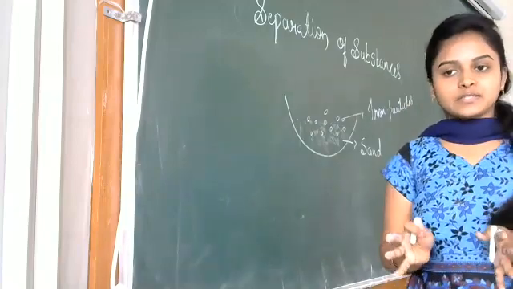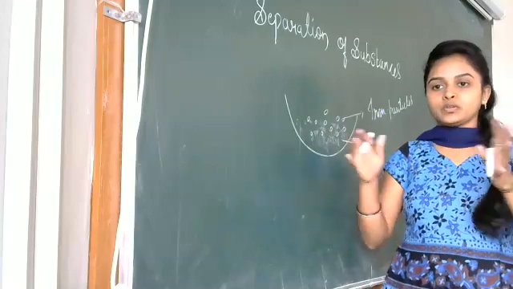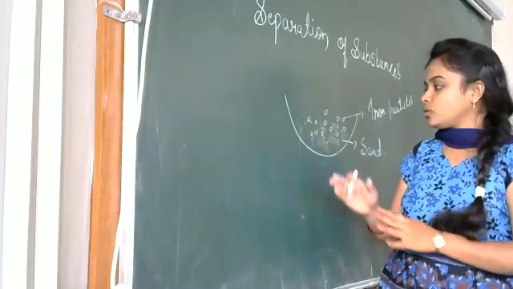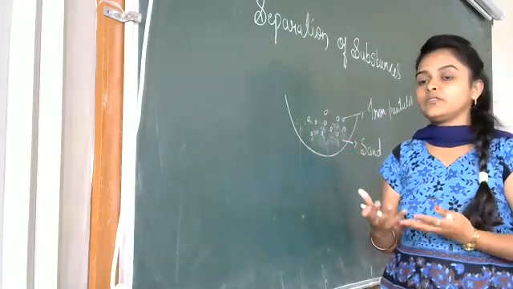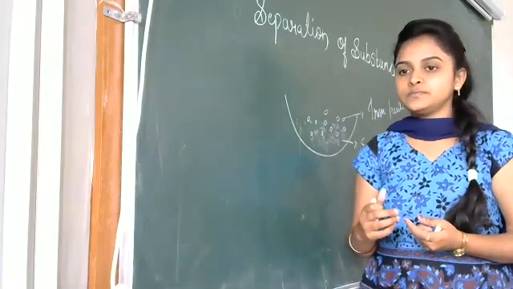That is completely mixed. So here sand and iron particles, I'm going to mix completely. If you want to separate this iron from the sand, what are you going to do?